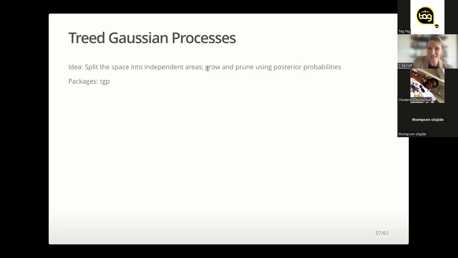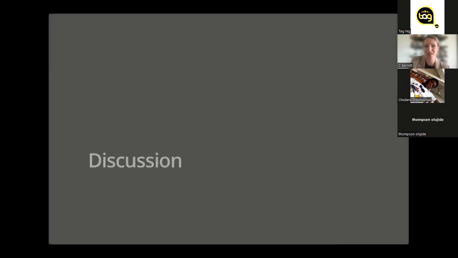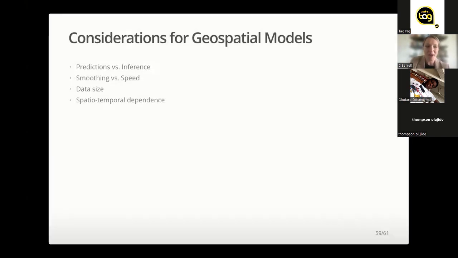That sounds like it's going to be complicated and a lot of work, but it actually goes really fast. And they have a really nice vignette as well for the treed Gaussian processes. So if you're looking at fitting large data or large geostatistical processes, I would pick one of these vignettes and practice on the vignette, and then go to your code and try to apply the methods there.